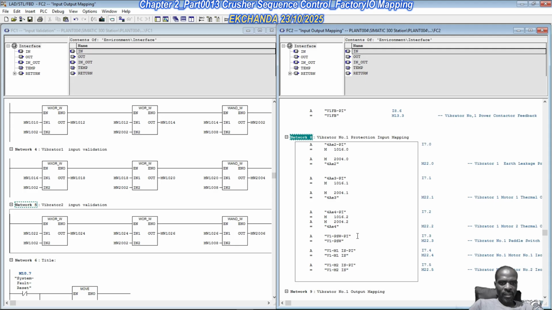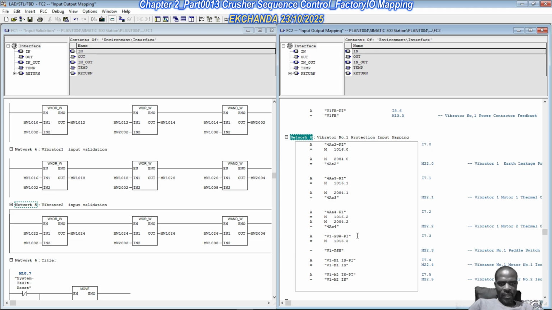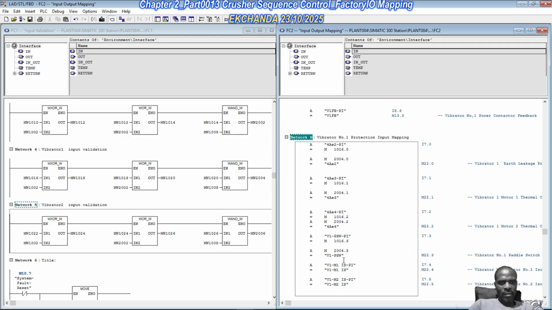Likewise, this is memory bit 1016.3, getting the signal state of input 7.3, and then memory bit 2004.3, passing a signal state to vibrator 1, number 1 paddle switch.